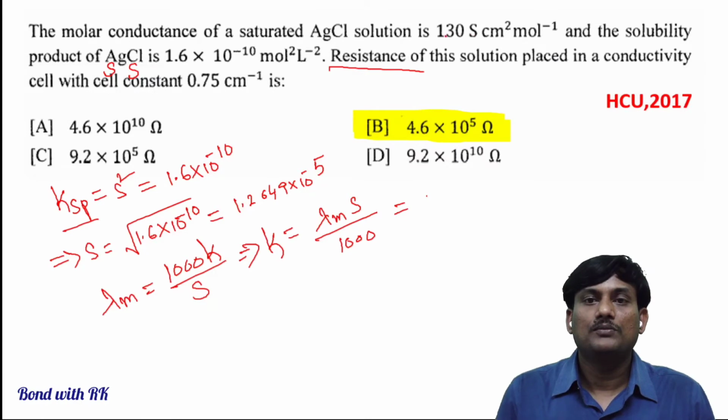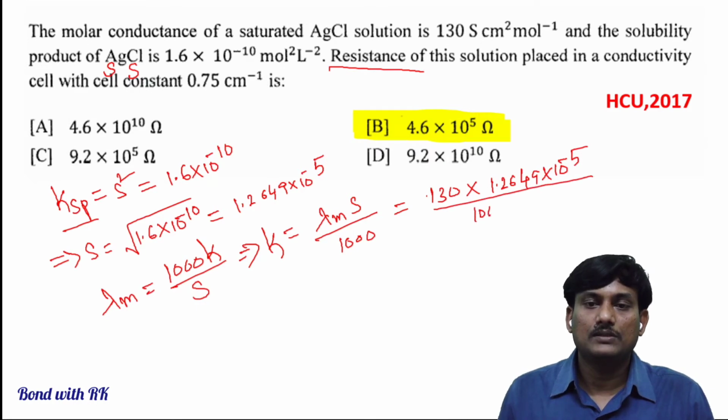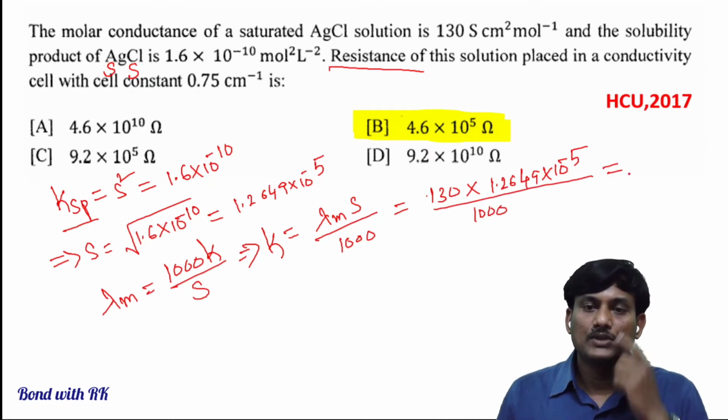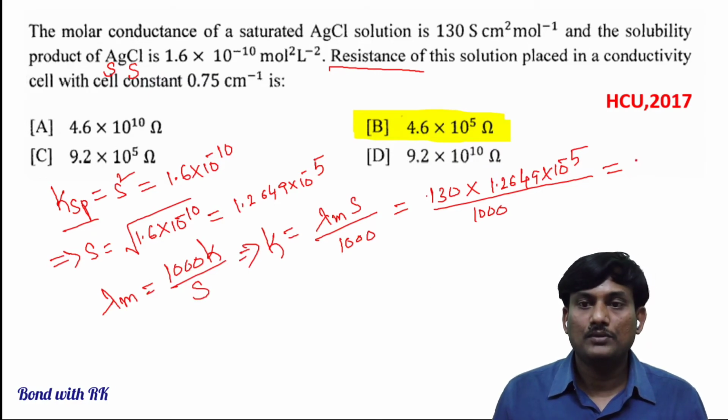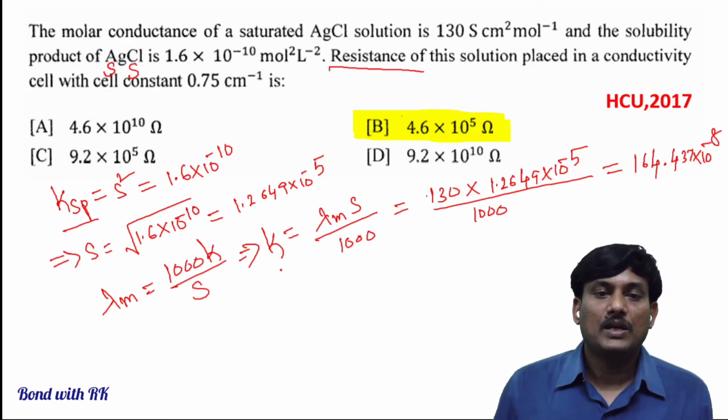This one, 130 into S, which is 1.2649 into 10 to the power minus 5 divided by 1000. When you simplify this equation, you will get around 164.437 into 10 to the power minus 8. So this is the kappa value.